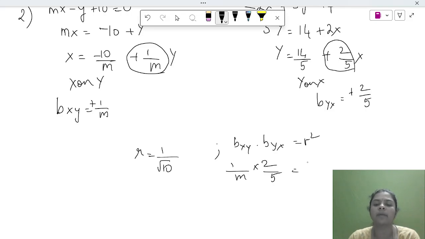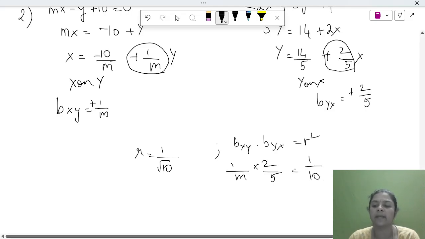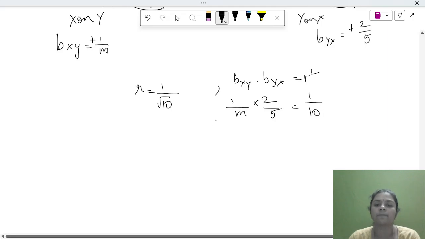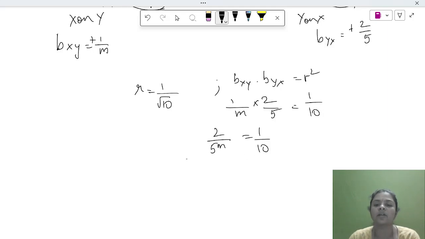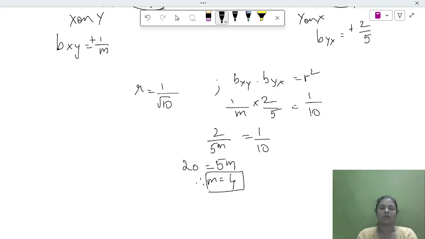R square is 1 by root 10 the whole square, which is 1 by 10. So you get 2 by 5m is equal to 1 by 10. Cross multiply: 20 is equal to 5m. Therefore, m is equal to 20 by 5, which is 4. Now this summarizes your question.